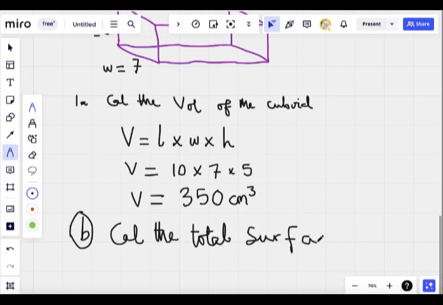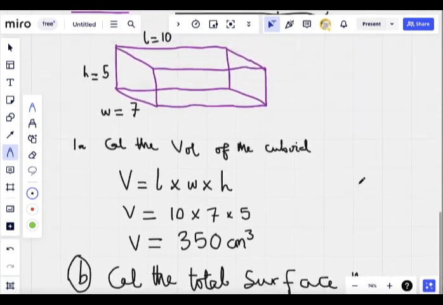For a 3D shape, such as this cuboid, we're going to write the formula for calculating the total surface area. So I just write calculate the total surface area.